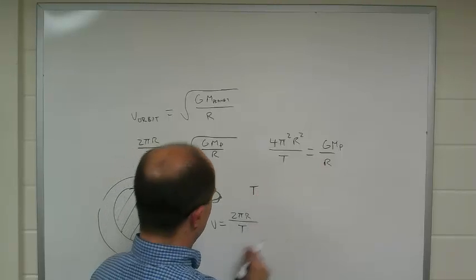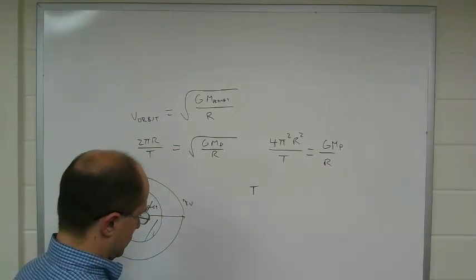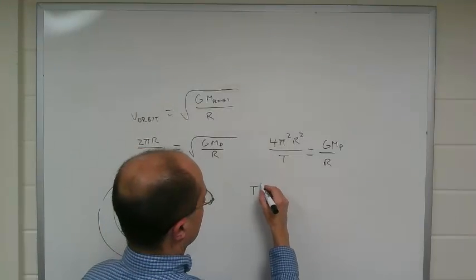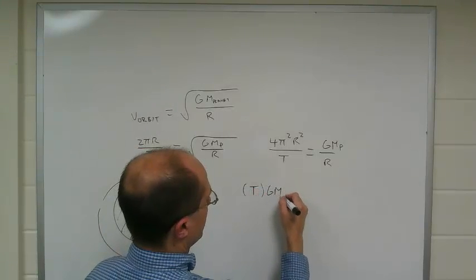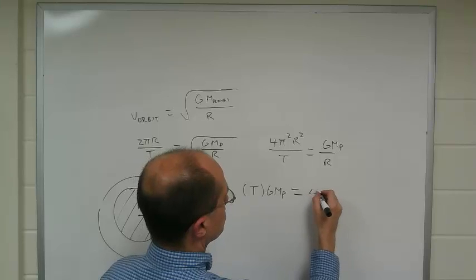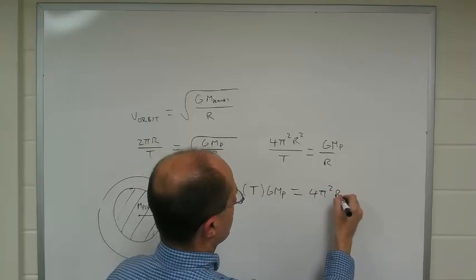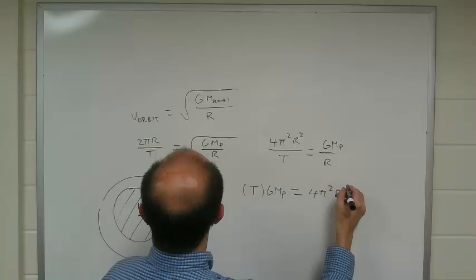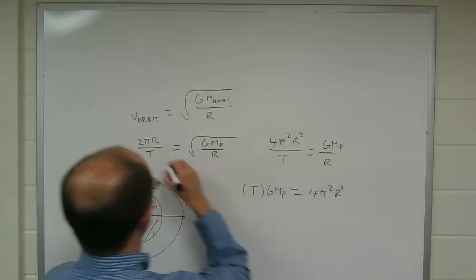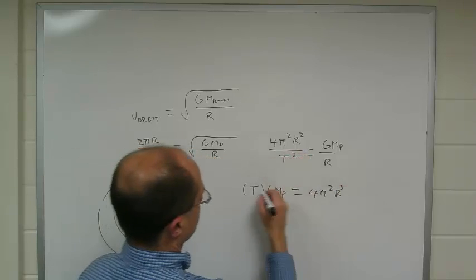We have T squared times big G, mass of the planet, equals 4 pi squared r cubed.